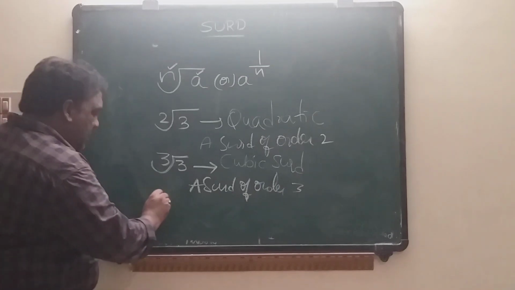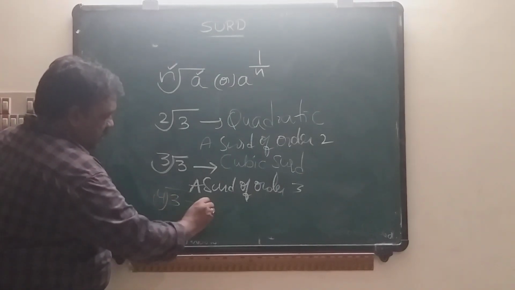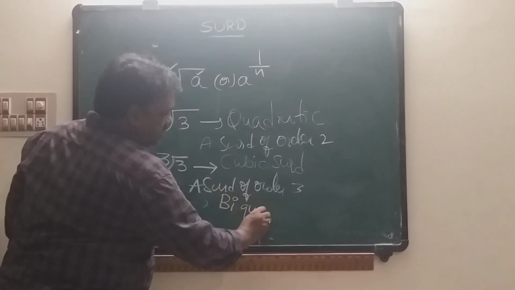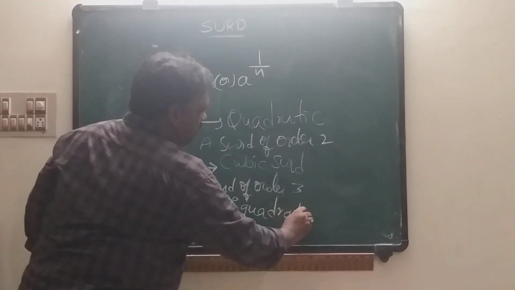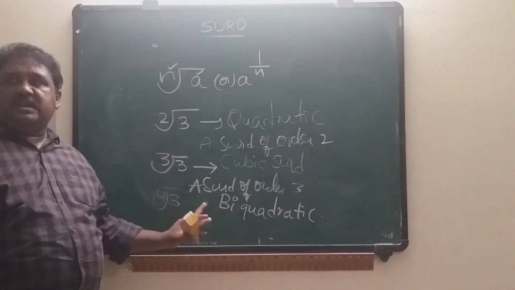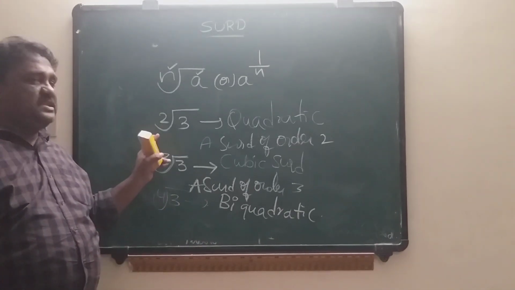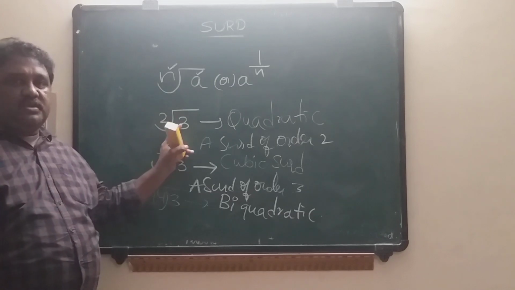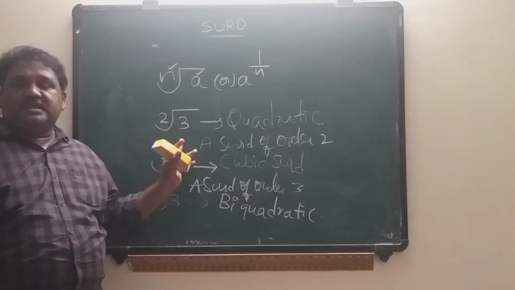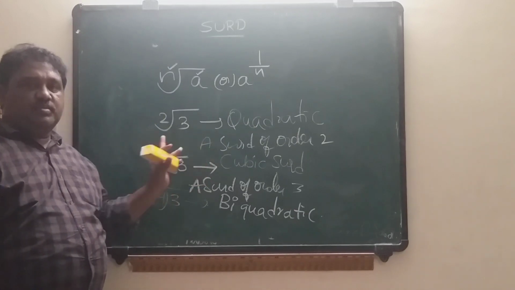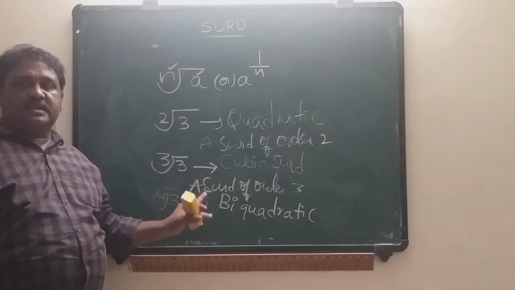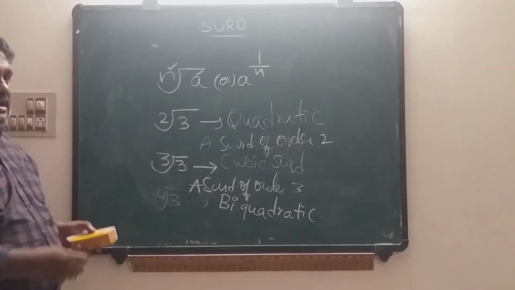Now, a surd of order 4 is known as a biquadratic surd. So, what is a quadratic surd? A surd of order 2. What is a cubic surd? A surd of order 3. What is a biquadratic surd? A surd of order 4.